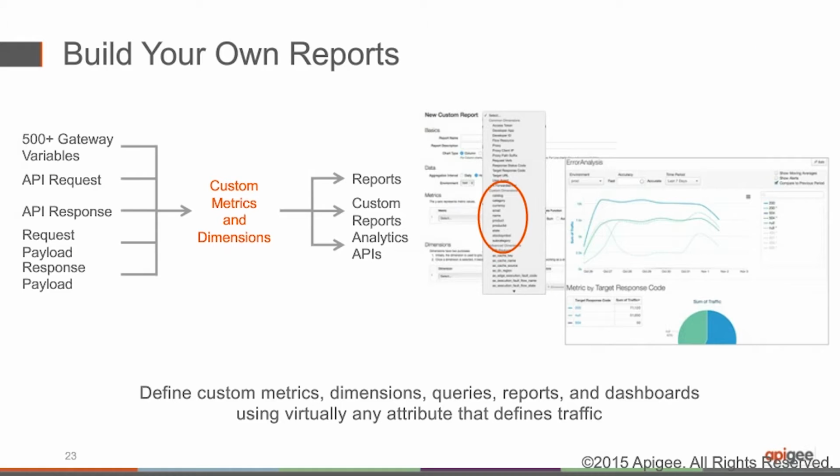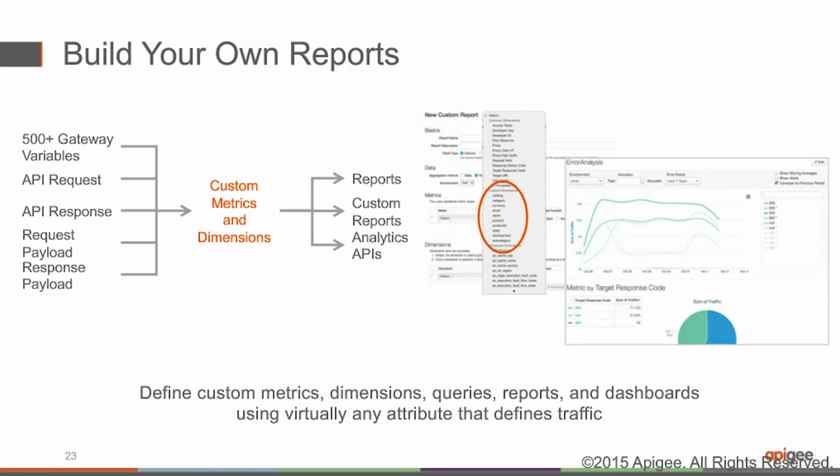Yep, exactly. Okay. So we have a lot of these reports that are provided to you out of the box, but there are going to be a lot of times when you want to create a custom view of reports against the data that's being captured from the API platform. We collect over 500 variables and data points from each interaction that flows through our system.